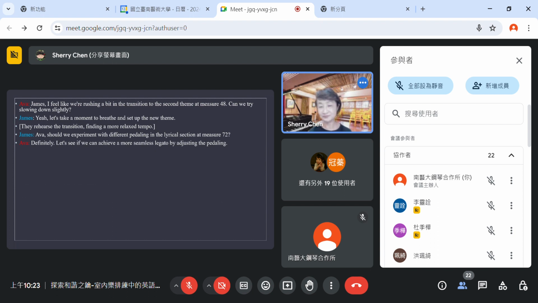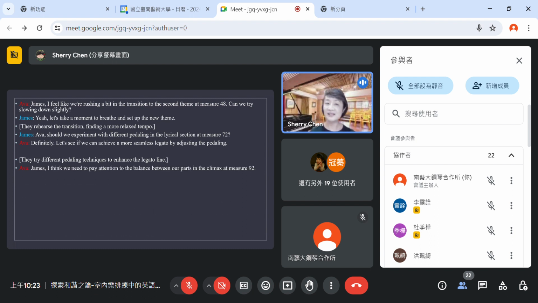So they're trying different pedaling for this passage to make it more seamless legato. 就是那个线条 legato 的线条更美。So they try different pedaling techniques to enhance the legato line.